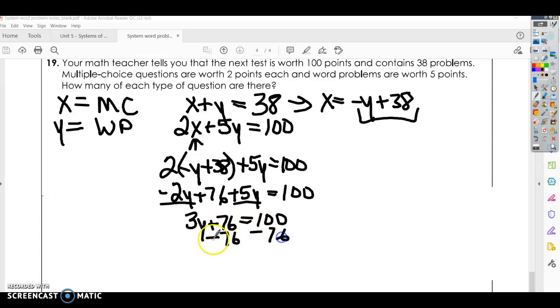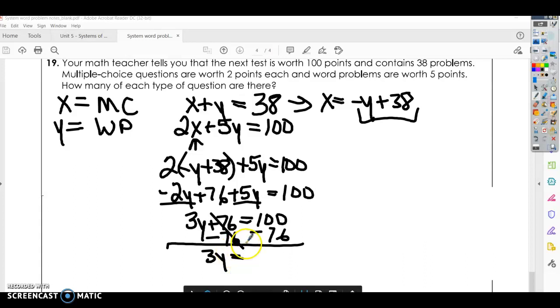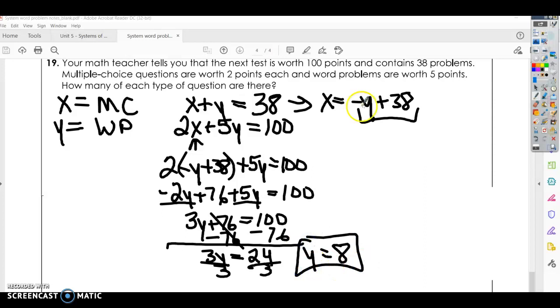Subtract 76. I'm trying to solve for Y now. 3Y equals 24. And divide by 3. So Y equals 8. Alright, once I find Y, I can plug that in to get X. So I can use this equation, this equation, this equation, it doesn't matter. Let's use this original equation here.